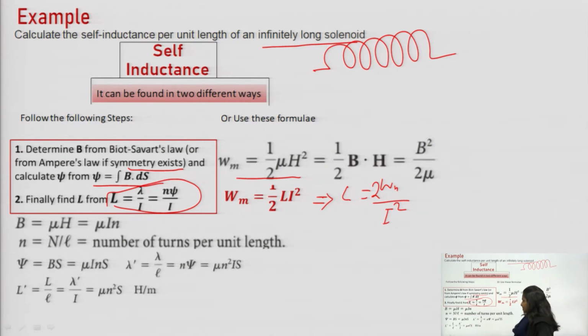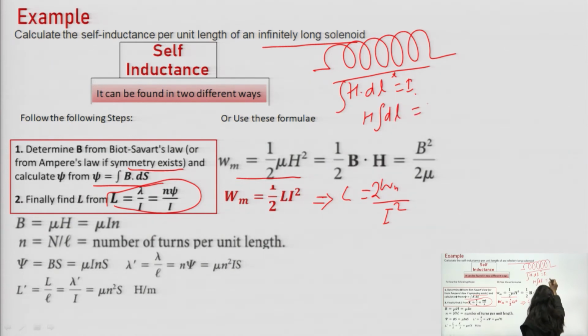In the previous classes we have found this value also, and if you want we can find it here too. This is the simple formula: H dot dl is equal to I enclosed, and the length from here to here is L, then H integration of dl is equal to total current, means N I.